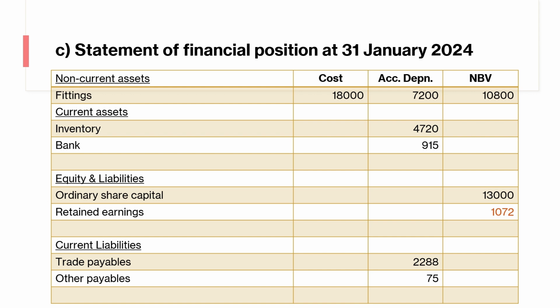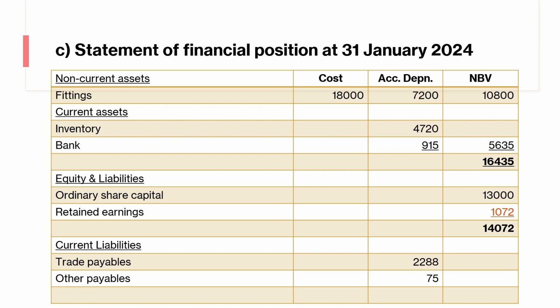Now you can calculate the balances. So we have a total of current assets of 5,635. You can add non-current assets and current assets to get the total assets value, which is 16,435. Then equity adds up to 14,072.